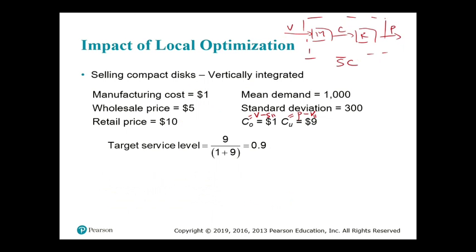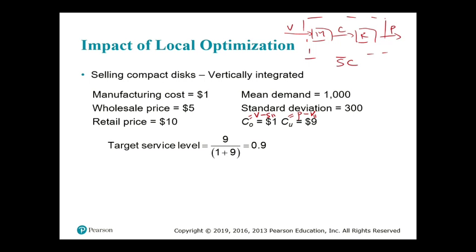Which would discourage the retailer from ordering more, right? Now, therefore, as the manufacturer, obviously we want the retailer to order more so we can make more money. And from the supply chain perspective, it's also the better thing to do. So then the question is, how do we incentivize the retailer to order more? And the answer lies in reducing inventory risk for the retailer.